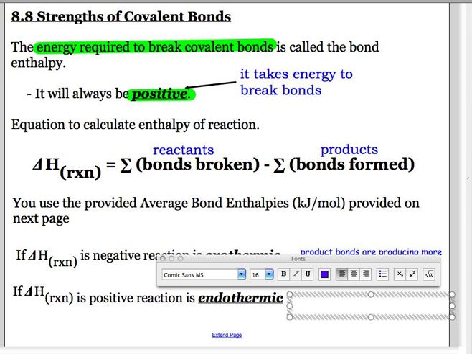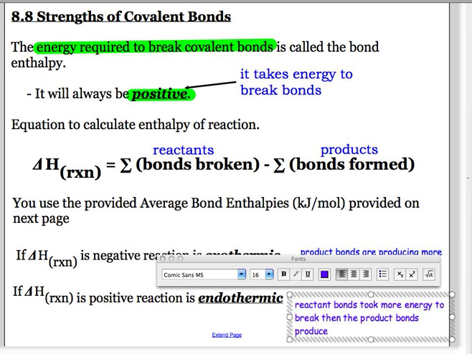And obviously, if you're endothermic, reactant bonds took more energy to break than the product bonds produce when they form.